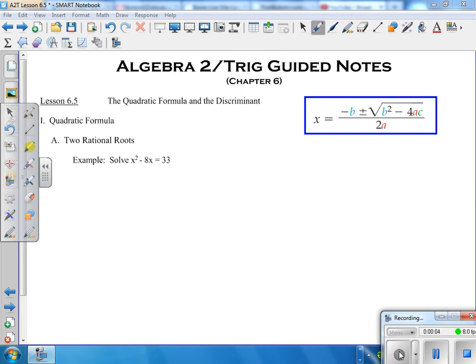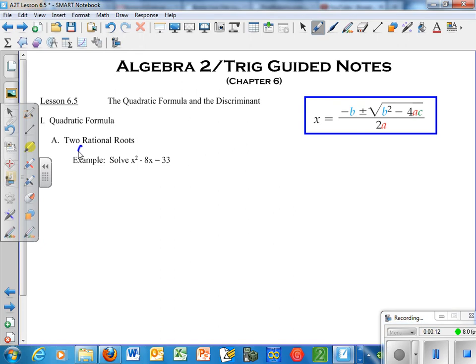Okay, in lesson 6.5, now we'll actually get into using the quadratic formula. And I'm going to add the words two real rational roots.